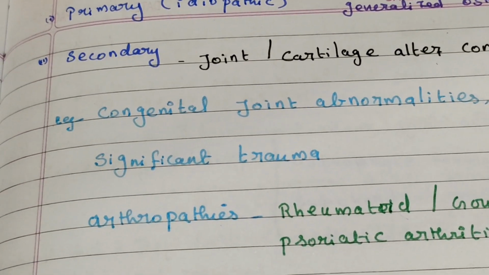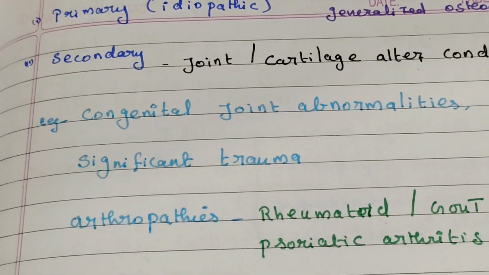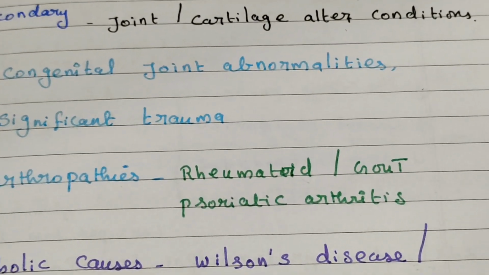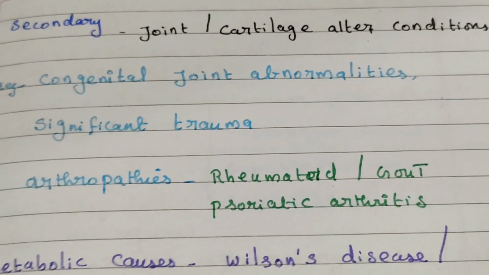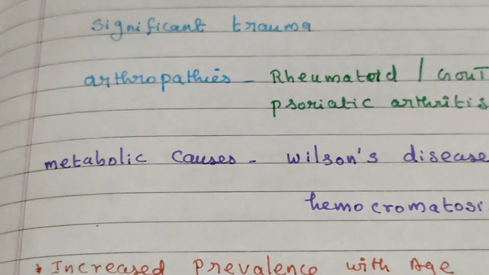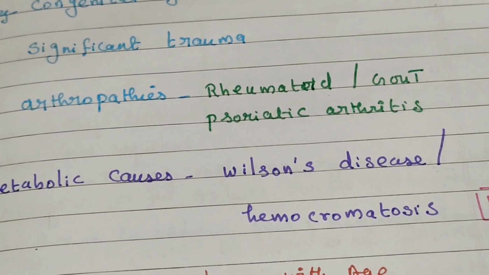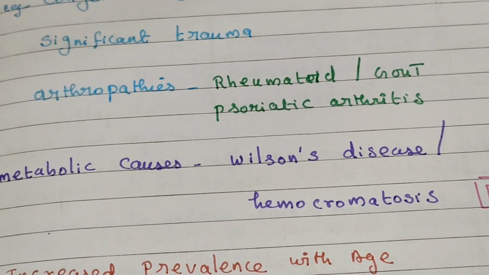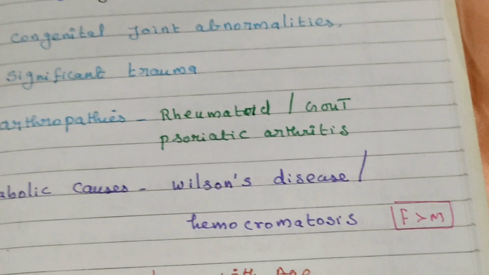Examples include congenital joint abnormalities, significant trauma, and other arthropathies like rheumatoid arthritis, gout, psoriatic arthritis, as well as metabolic causes like Wilson disease or hemochromatosis. These are the secondary causes.